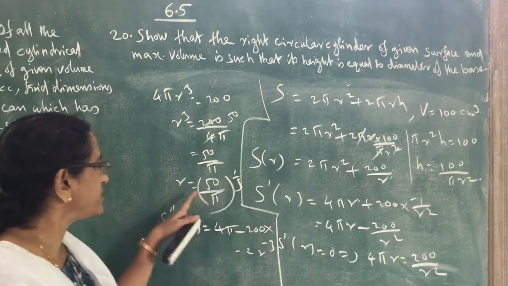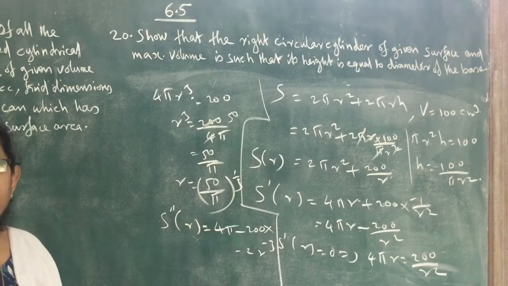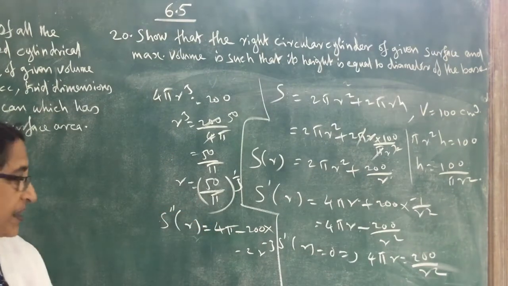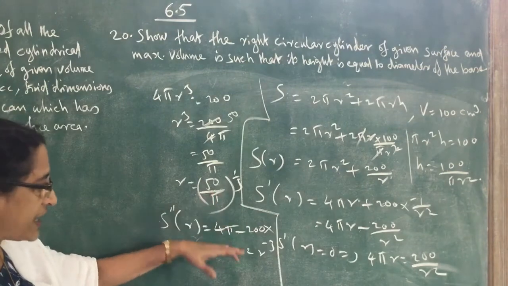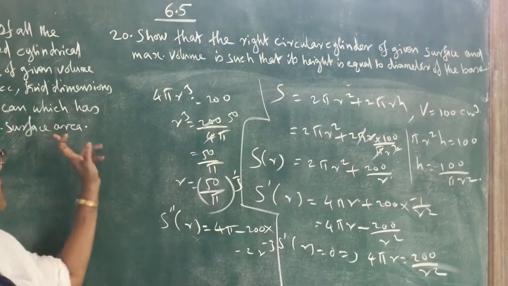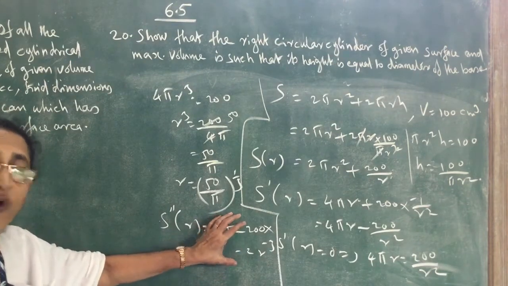Now substitute this value of r in this and show that it is minimum. For minimum, the second derivative should be greater than 0. We have to show that this is greater than 0, positive.